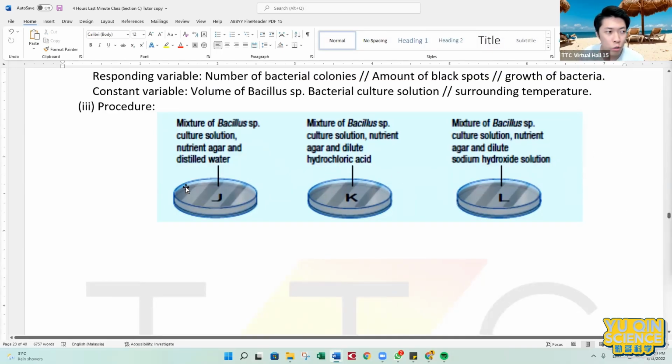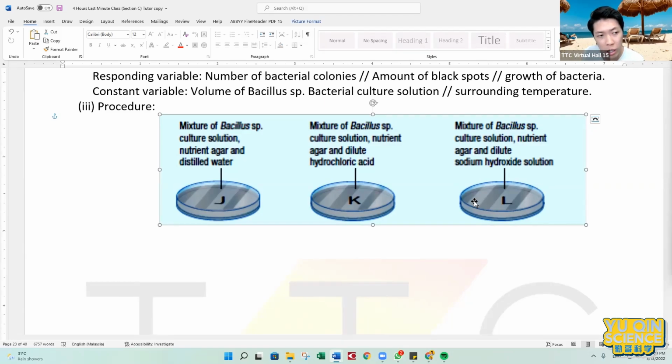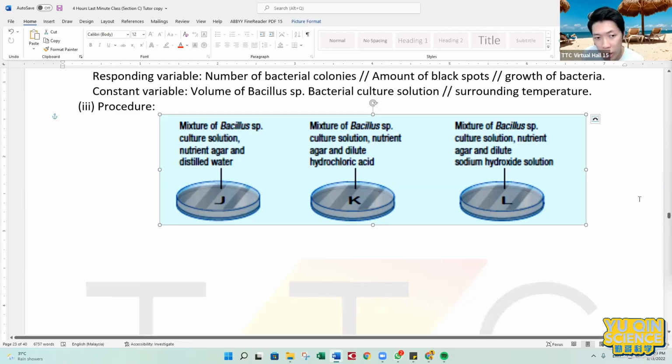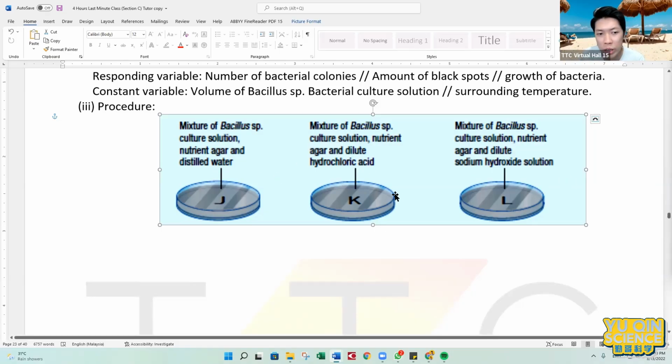If you ask me how I know, it's because all the Form 4 and Form 5 experiments that I gave you previously have pictures. I gave you all the compulsory experiments. Even in the seminar, I reprinted the whole thing for you. So go through the pictures a bit, at least you know what is going on. So we have 3 petri dishes with bacteria and also with the solution, the acid, alkaline or neutral.